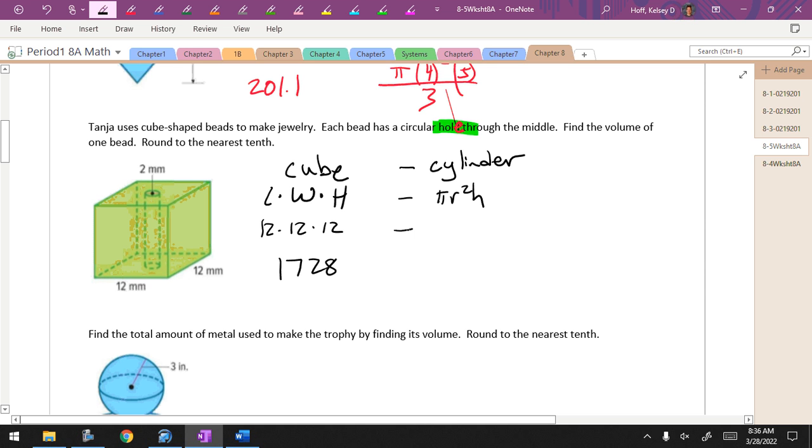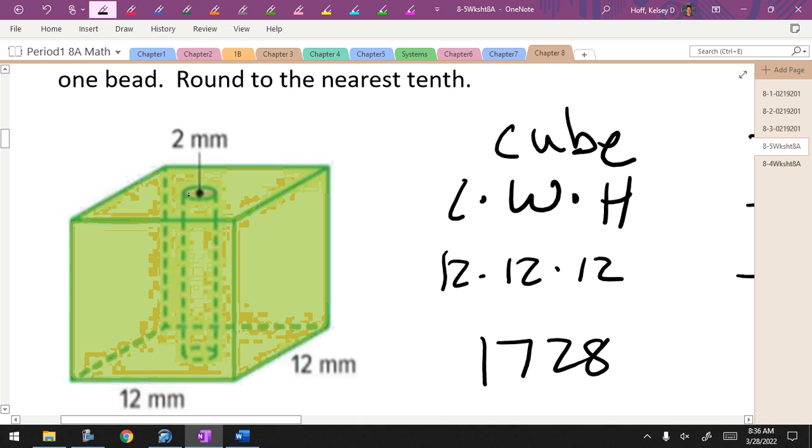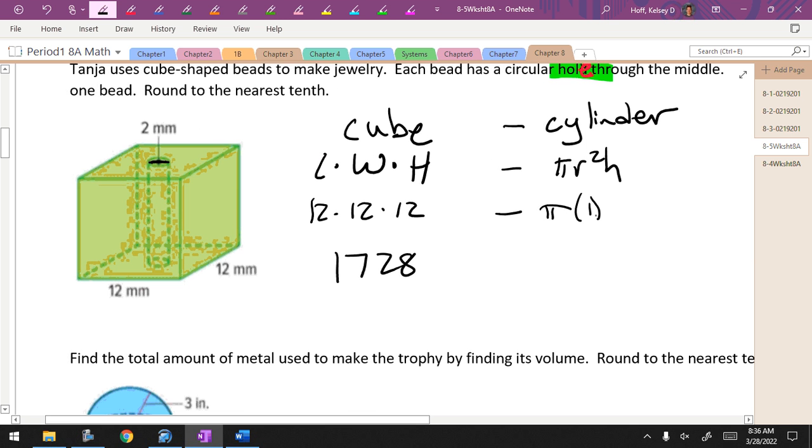Very good. Pi radius squared height. Now look at your cylinder. That's just the hole in the middle. This line goes all the way across. I'm going to tell you that. What's my radius? 1. My radius would be 1.